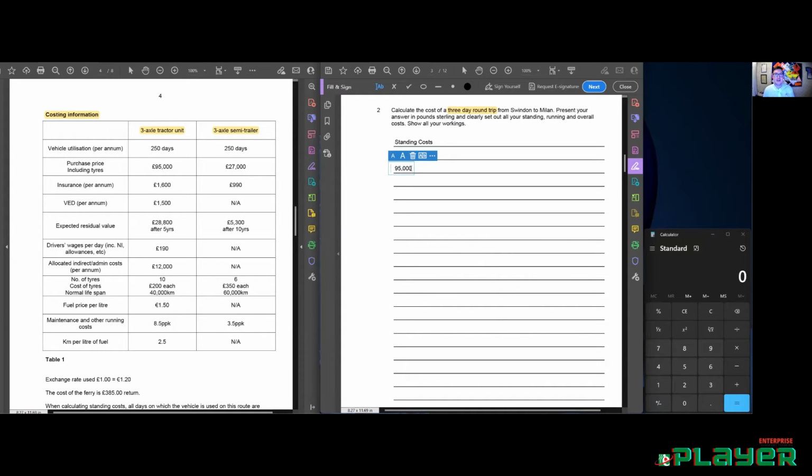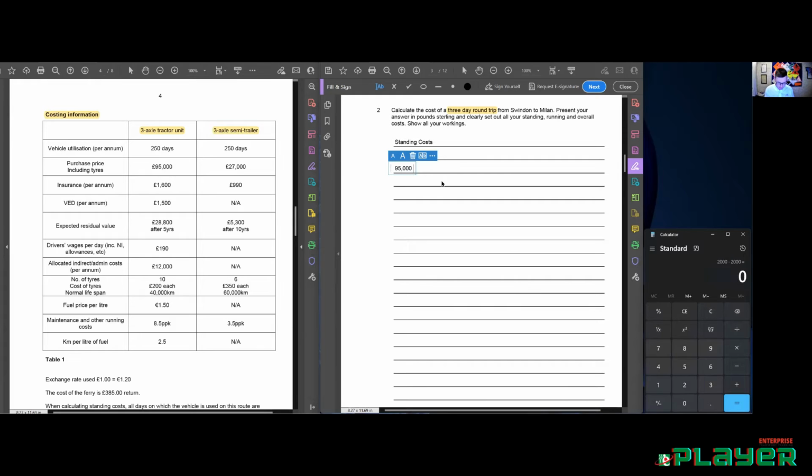So it says it includes the tyres. So the first thing I've got to do is take away the tyre cost. Again, that's one of the first things that people will slip up on, because it says take off the tyres. So the tyres here, how many have I got? I've got 10 tyres and they all cost £200 each. So 10 times 200 is 2,000.